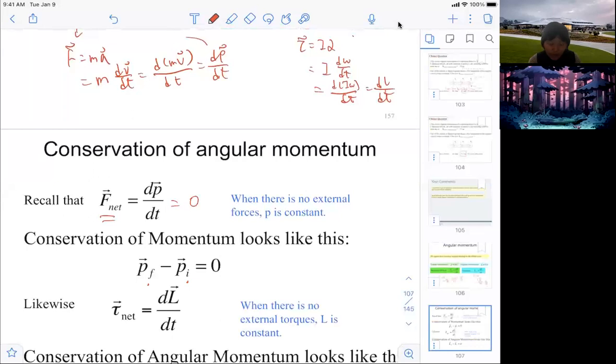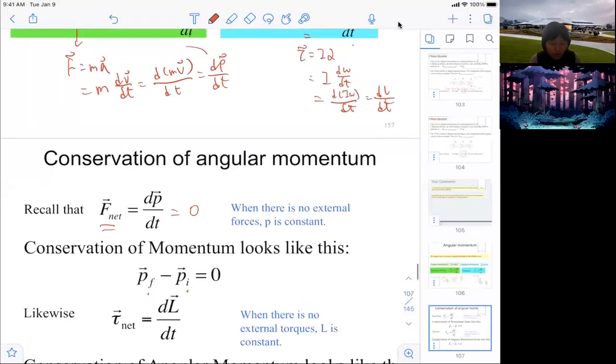So likewise, in this case, if there is no external torque, which means the change of angular momentum over time is 0, dL over dt is 0. From that equation, can you write what the conservation of angular momentum looks like? What does that look like?